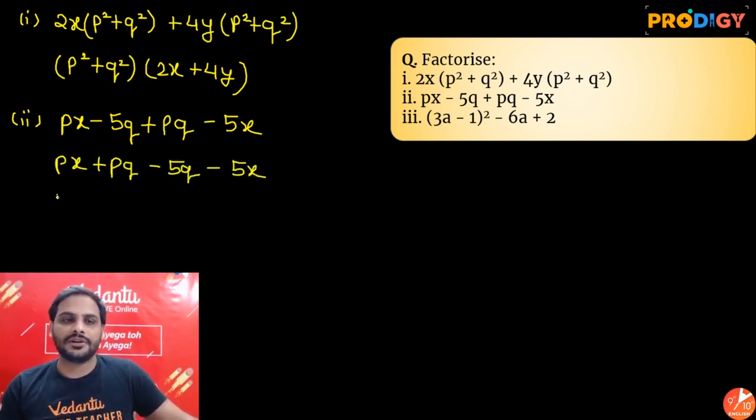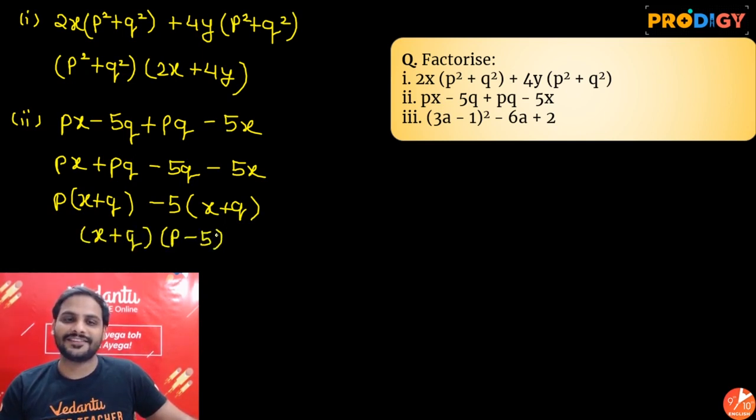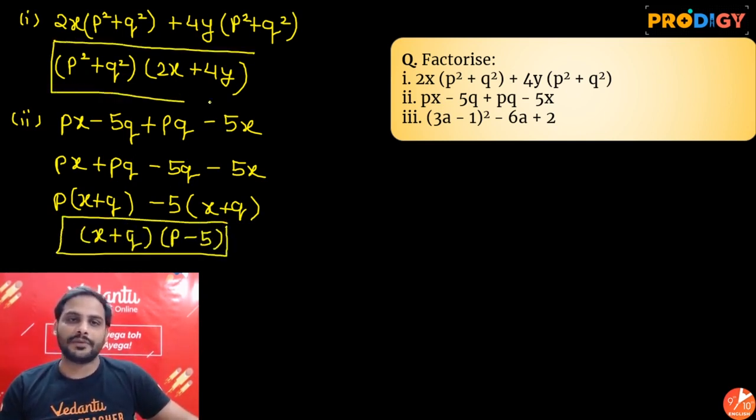From the first two terms, if I take p common, I'm left with x plus q. And here if I take minus 5 common, I get q plus x, or x plus q, the same thing. Take x plus q common, and we are left with p minus 5. This is the factorization. This is by the regrouping method.